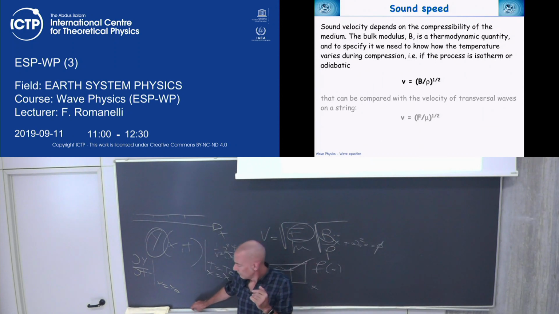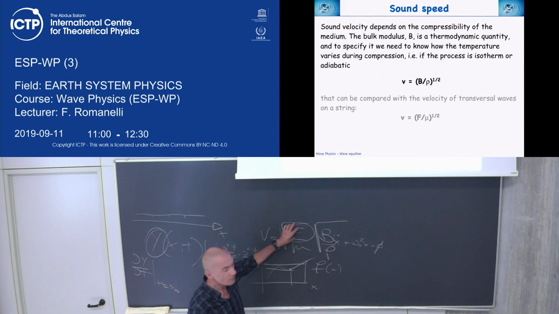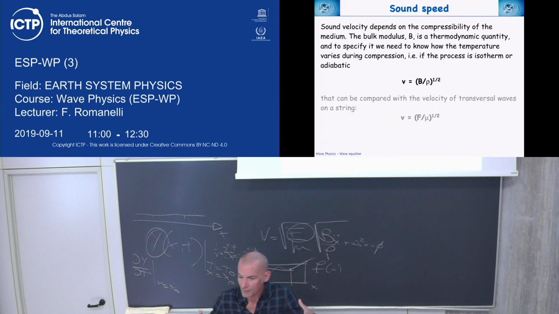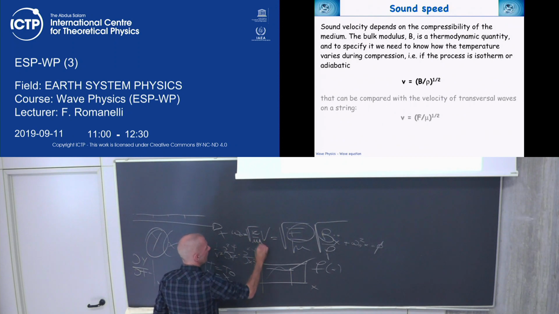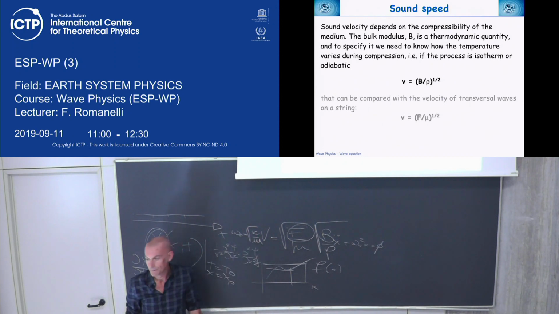Think about this. Numerator is containing the restoring force. Denominator is containing inertia, that is density. And it is similar to what we discussed two days ago. Restoring force, inertia.